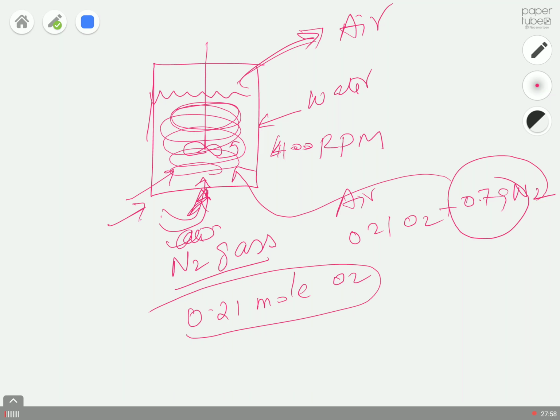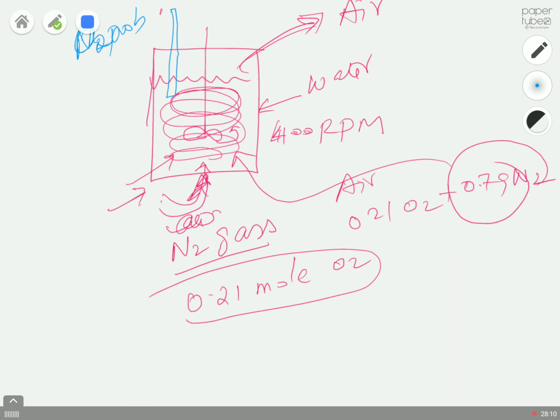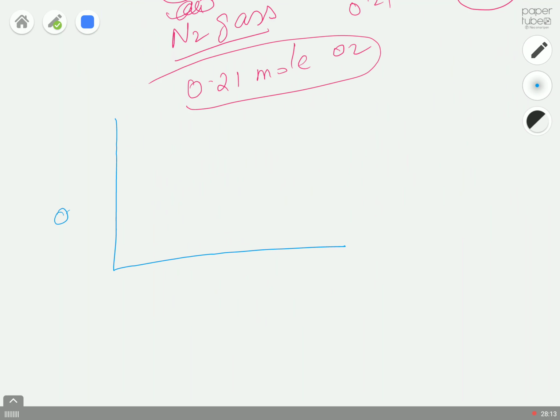And if you put in a probe, just assume you have an oxygen probe, and you plot the O2 concentration in milligrams per liter on the y-axis and time in minutes on the x-axis.